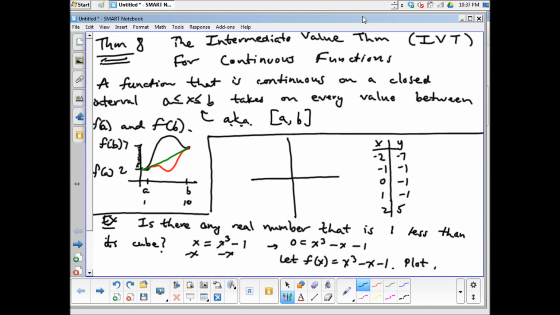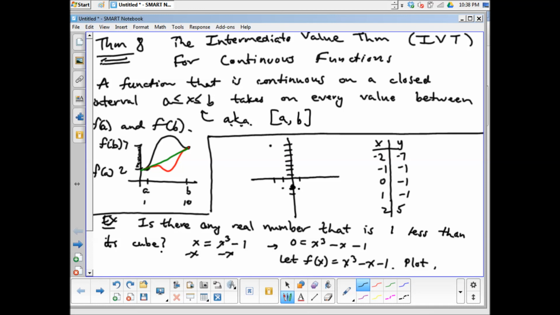Left 2, then up 2, 3, 4, 5, 6, 7. There's that point, and there's this point.